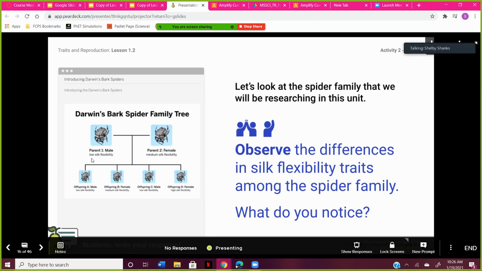The male, parent 1, has low silk flexibility, and the parent 2 female has medium silk flexibility. Offspring A is a male with low silk flexibility. Offspring B has medium silk flexibility. Offspring C has low silk flexibility, and offspring D has high silk flexibility.